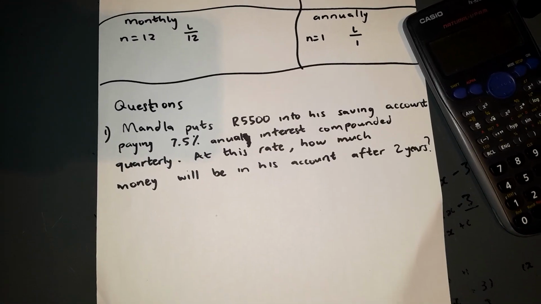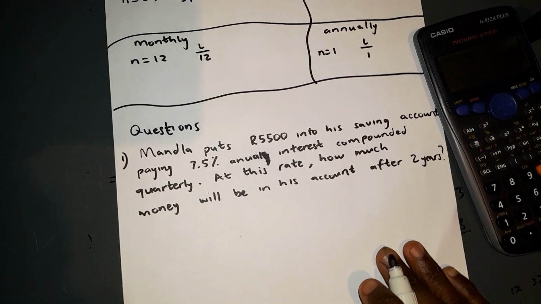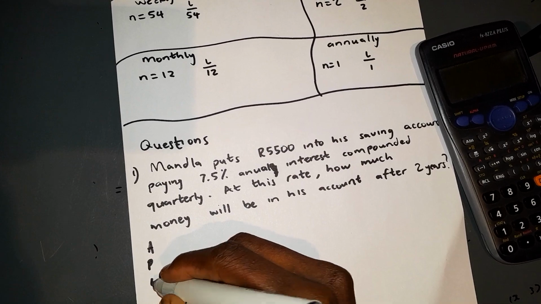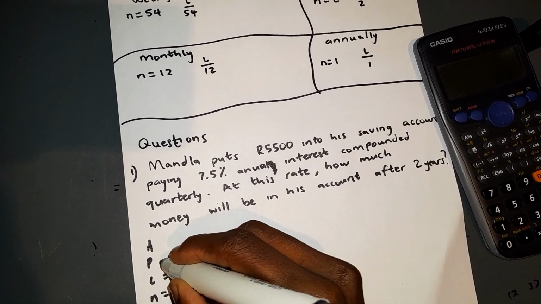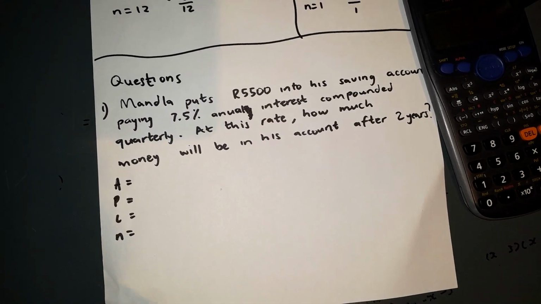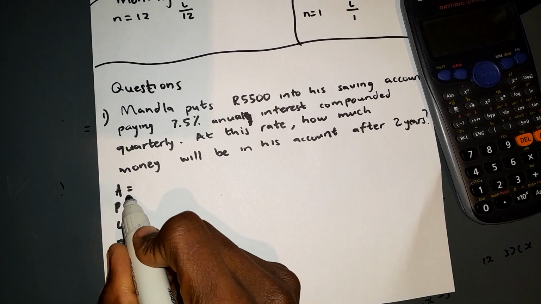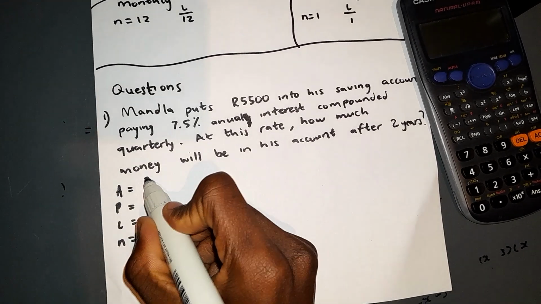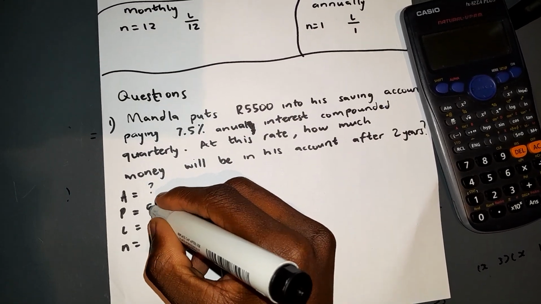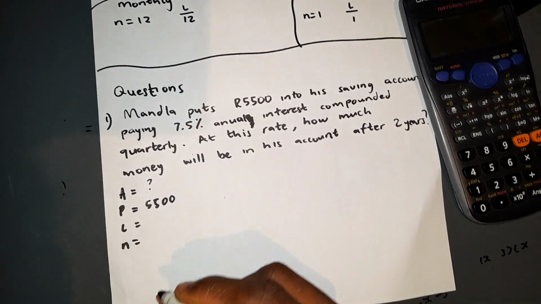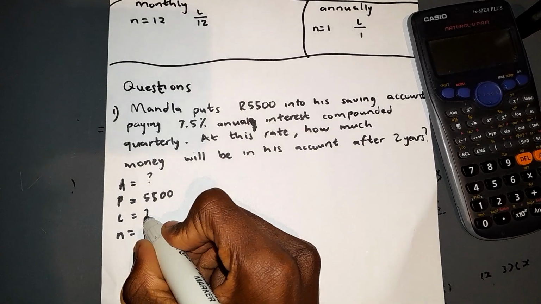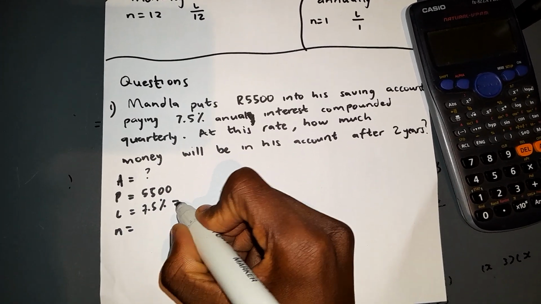So I always start by noting down everything that I have: the interest, number of years, the accumulated amount, and the principal amount. So what do we have? The accumulated amount, no, we are going to look for it. 5,500 is the principal amount or the invested amount which he puts in the account first. The interest is 7.5%, which we can write in decimals.